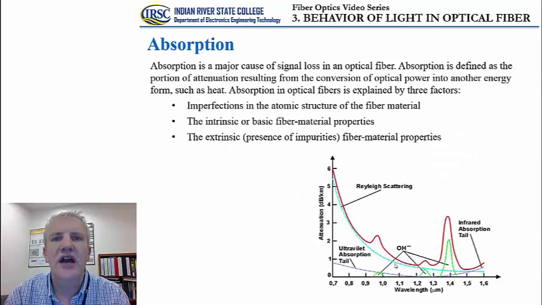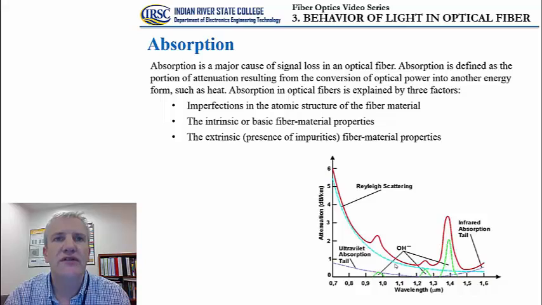Let us now briefly cover each of these important phenomena of light that are causing attenuation in optical fiber. Let's first talk about the absorption. Absorption represents the major cause of signal loss in an optical fiber. Absorption is defined as the portion of attenuation resulting from the conversion of optical power into another energy form, usually the heat.